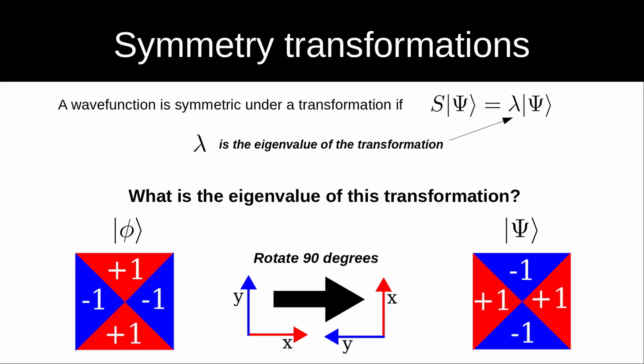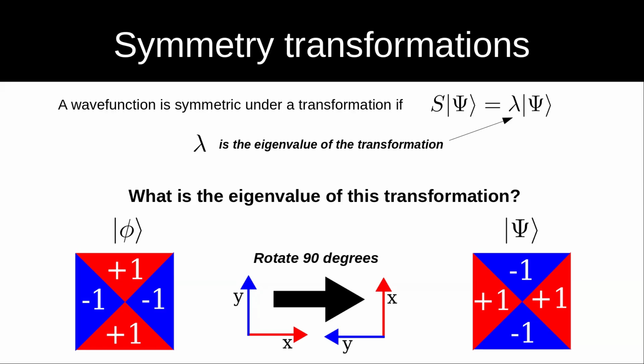So let us look at this specific example. Imagine that you have a wave function that looks like the one at the bottom left. It's the wave function phi that takes values +1, -1, +1, -1 in real space. Then we think about a symmetry transformation that is a rotation of 90 degrees. When we do this rotation, our wave function transforms into -1, +1, -1, +1.